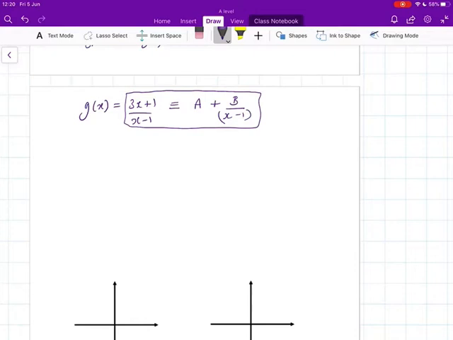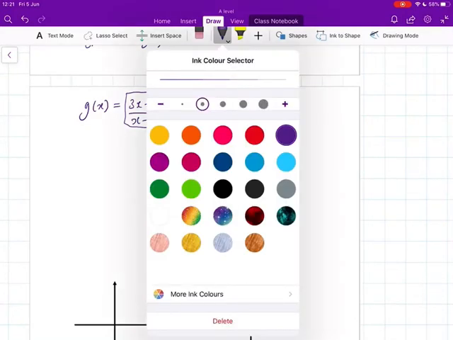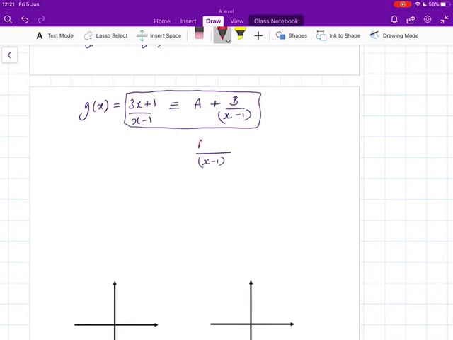So if we look at the right hand side of this, to add two fractions together, we would need to have the same denominator. So to turn these two fractions so they're both over the same denominator, I would need to multiply the numerator here by x minus 1.